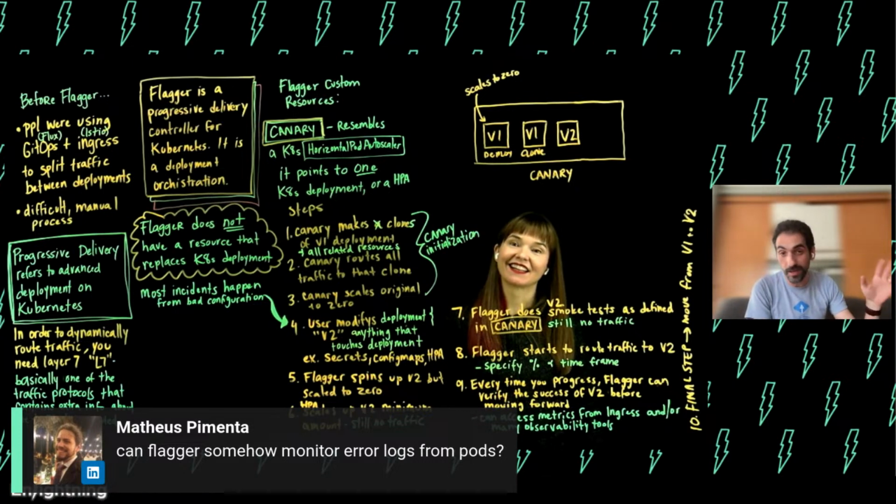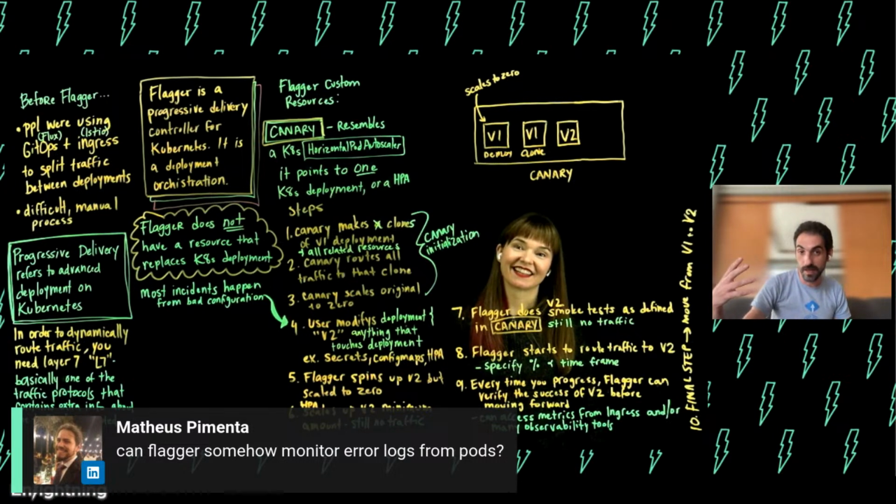But there are so many projects in the CNCF that can actually do that. There are all the projects around log aggregation, right? They can look at logs and expose a Prometheus metric. Then Prometheus will scrape the log aggregator and it will see, oh, from 100 logs, 50% are errors.